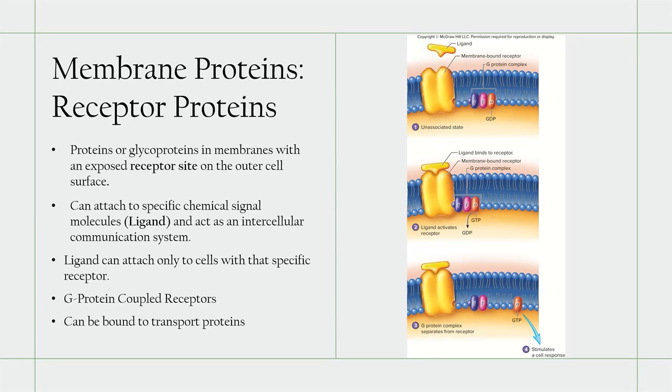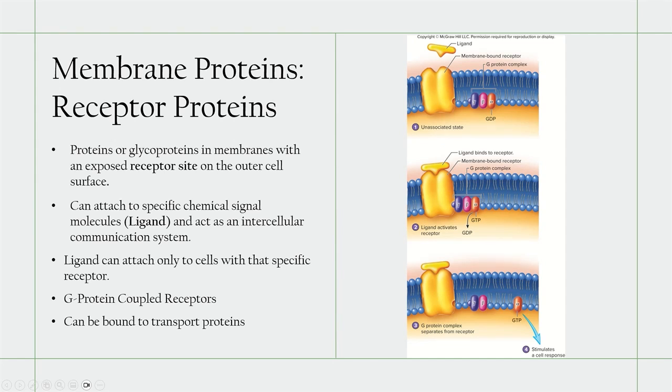There are other types of membrane proteins here. They are receptor proteins. They basically receive a signal, which is called a ligand. Signal, ligand, you can think of them as the same. These ligands bind to very specific proteins and molecules in the plasma membrane. Lock and key model, that's a hard, fast rule.